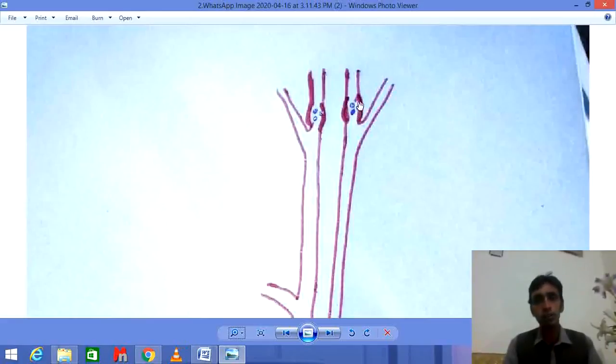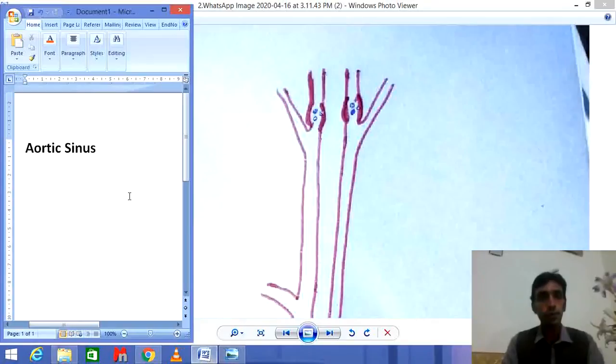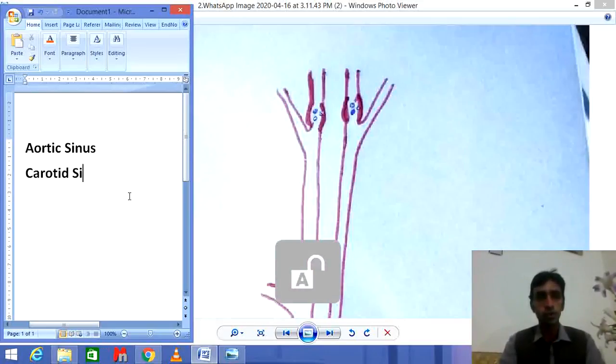This is the flattened part of the internal carotid artery. These two areas are called the carotid sinus. The aortic sinus, which was present on the aorta, and the carotid sinus, which is present on the internal carotid artery.